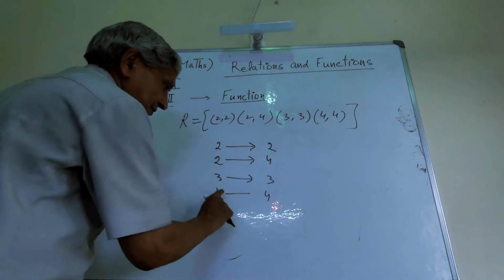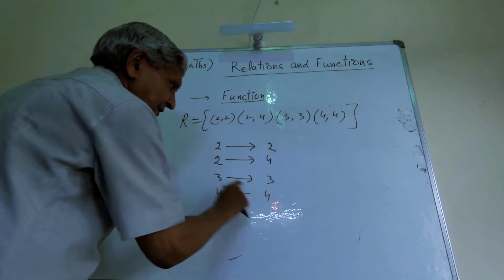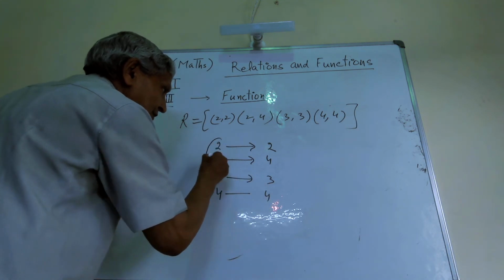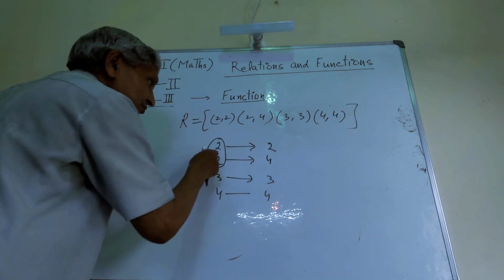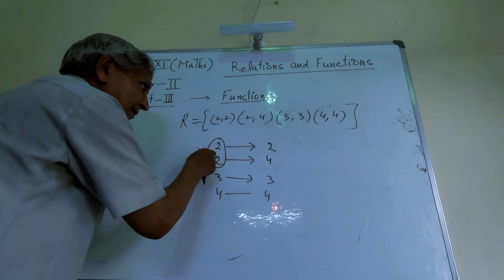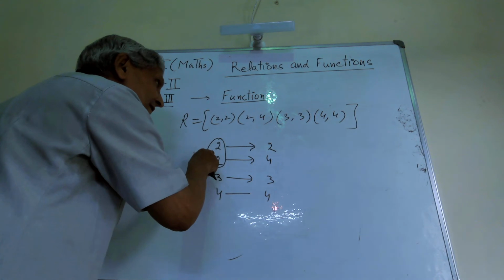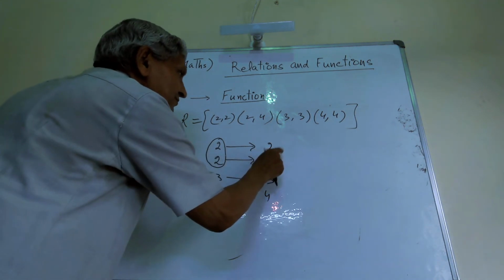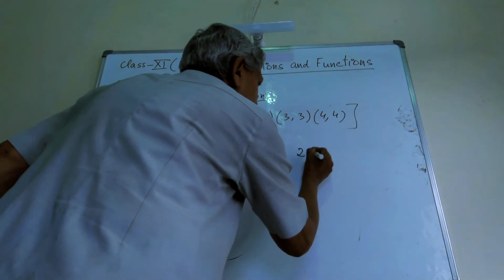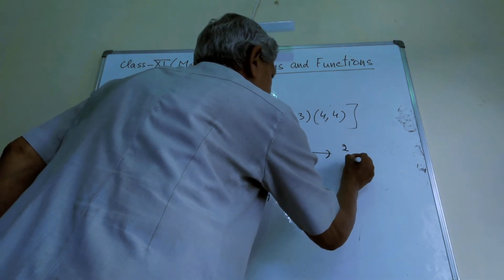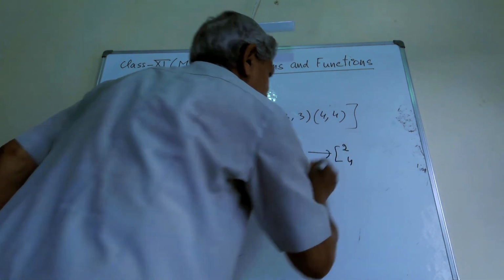Here, see the condition. This has one image. This has one image. But this 2 is only 2. I have written 2 two times, but this is only 2. And this 2 has 2 images. You can write it 2, 2 and 4. 2 images. Yes, write this.